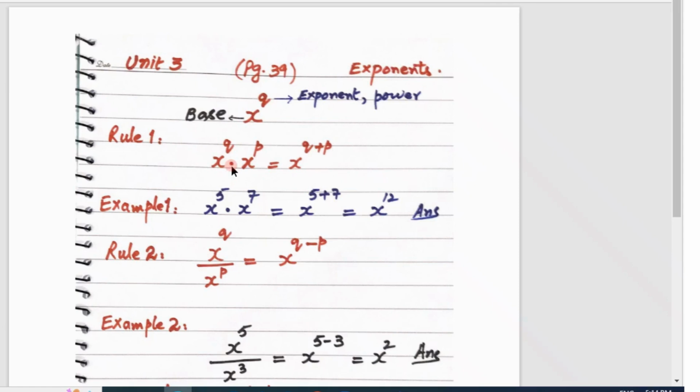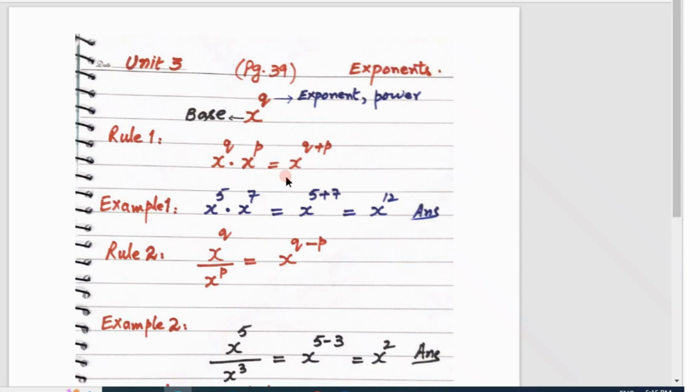In mathematics, when a dot is written between two variables, it does not mean decimal, it means multiplication sign. It means x raised to power q multiplied by x raised to power p is equal to x raised to power q plus p. Very clear? When two exponential forms with the same base are being multiplied, powers are added up on the single base.